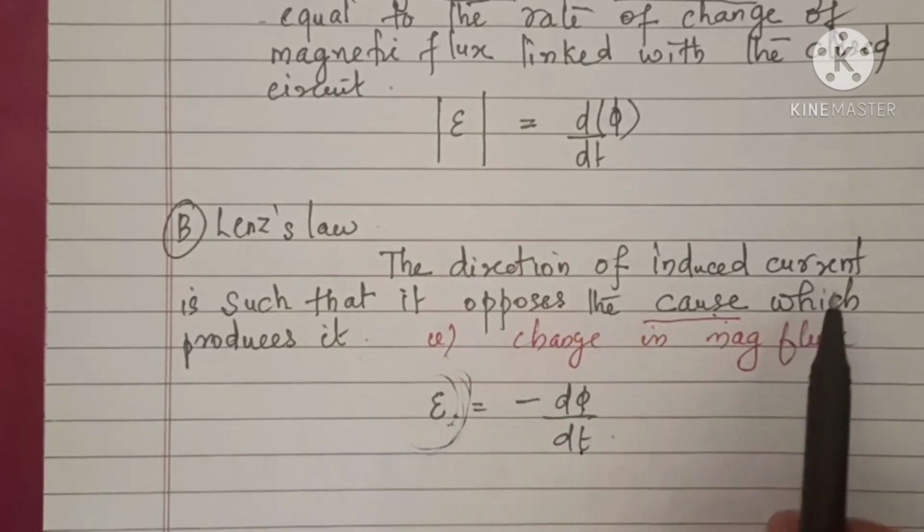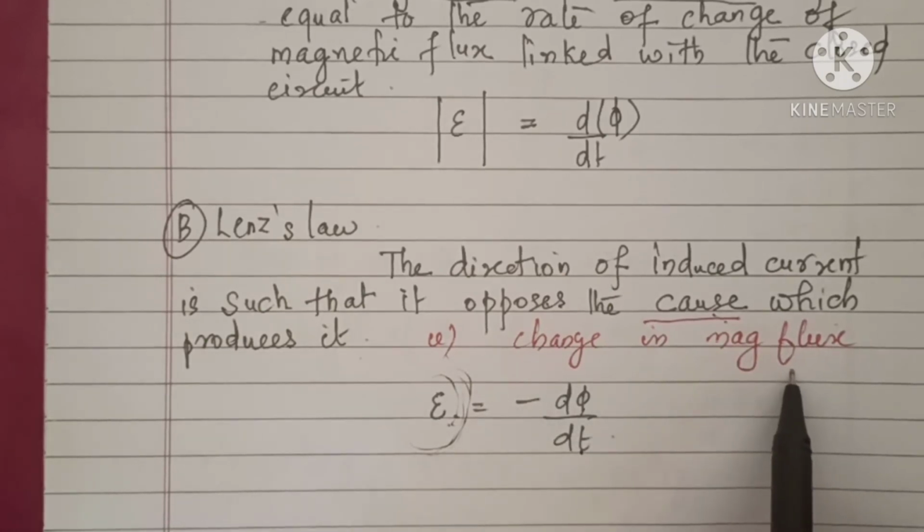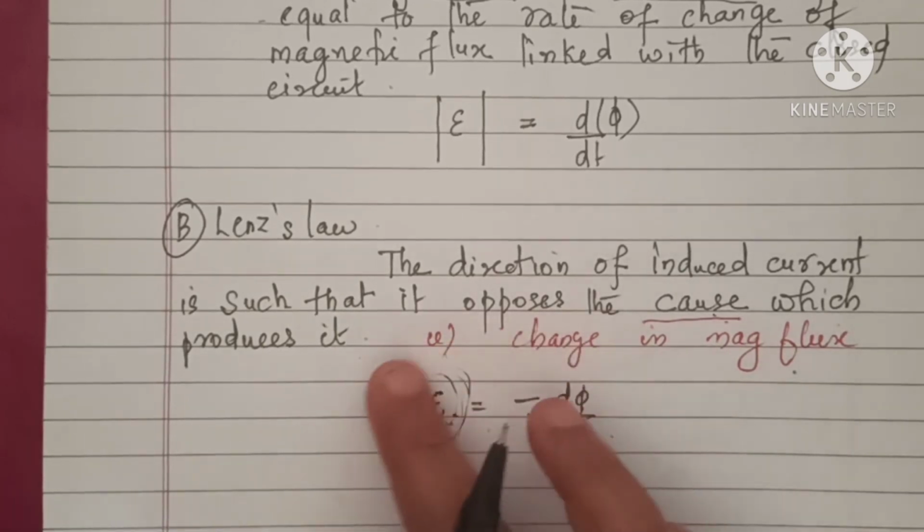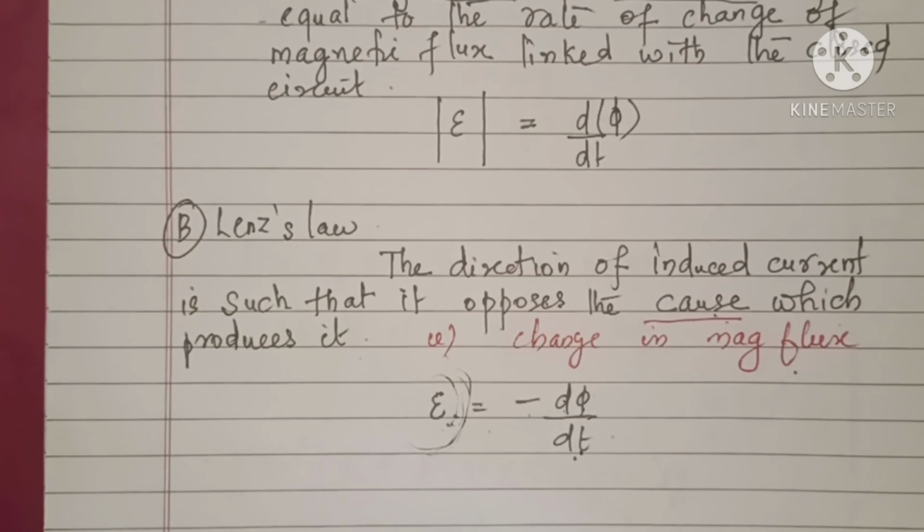Here the cause is the change in magnetic flux. So you can say that E, or EMF, is equal to minus d phi by dt. Understood? So this is the mathematical expression for Lenz's law.